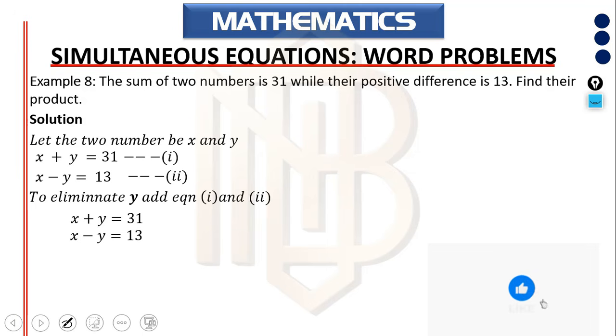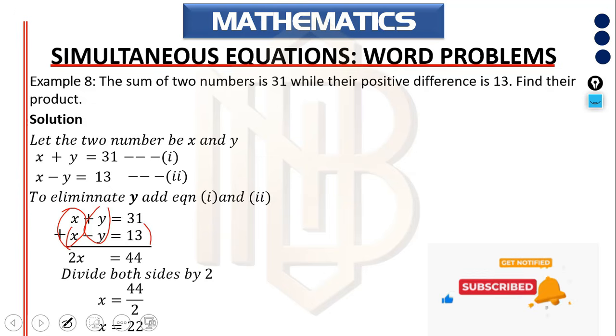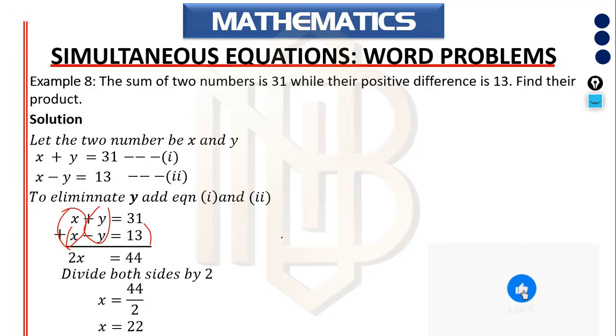If you do that, we are adding, so we can just add it straight up. x plus x will give us 2x, plus y minus y will give us 0, and 31 plus 13, because this plus sign is cutting across everything, is 44. So we can then divide both sides by 2, and that gives us 22 as our answer. Okay, that's the value of x.